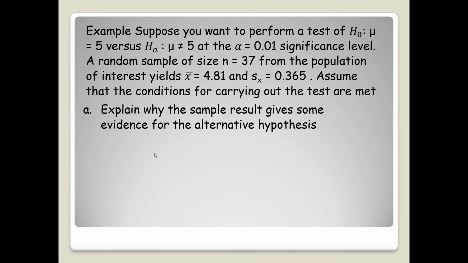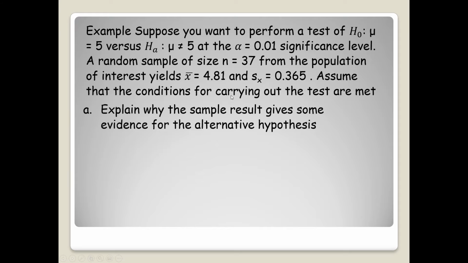Suppose you want to perform a test of the null hypothesis, where mu is equal to 5, and the alternative hypothesis where mu doesn't equal 5. We want to check it at an alpha level of 0.1 significance. And we have a sample size of 37.